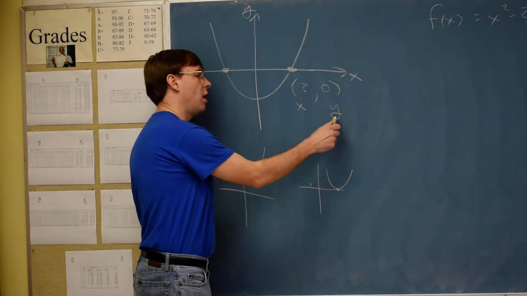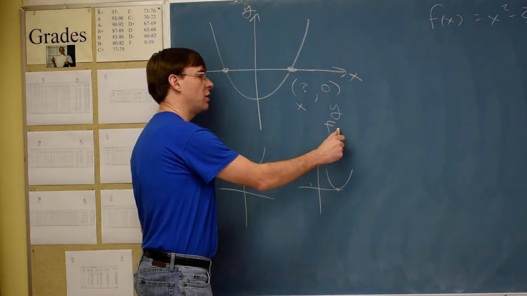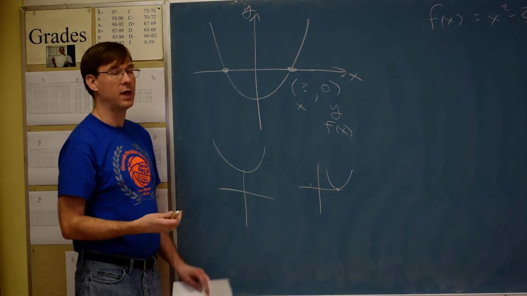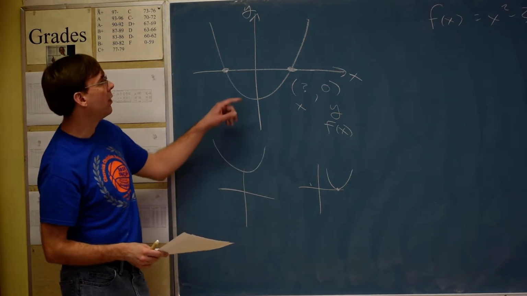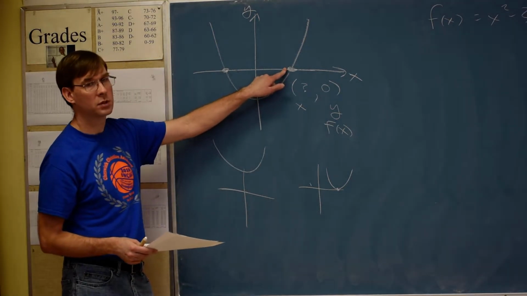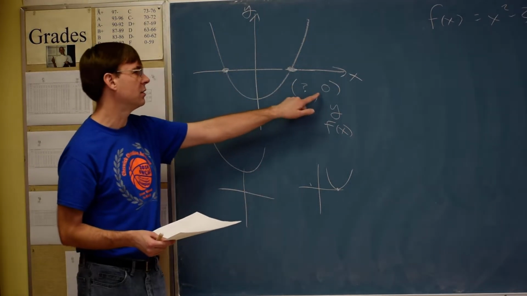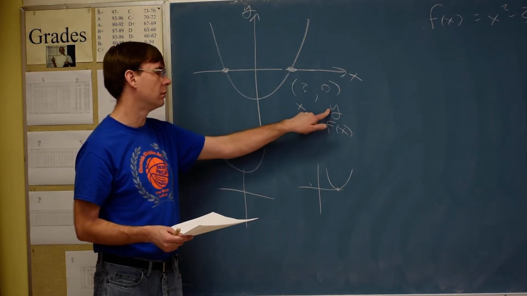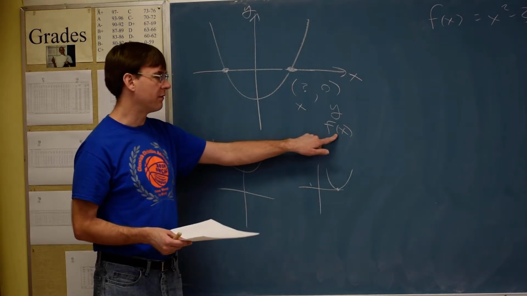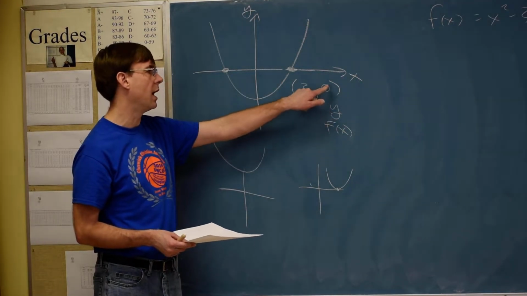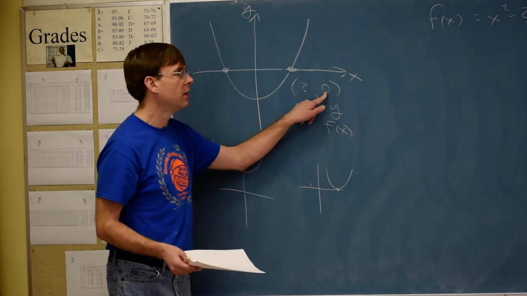We've learned on and off on different days, I've mentioned that if you see y or if you see f of x, those mean the same things. So today, when they ask you to find x-intercepts, they would expect us to know, or me to remind you, that an x-intercept has a y of 0. Or I might have to remind you that f of x is the same as y, which is 0.